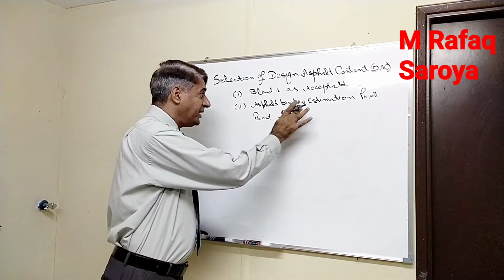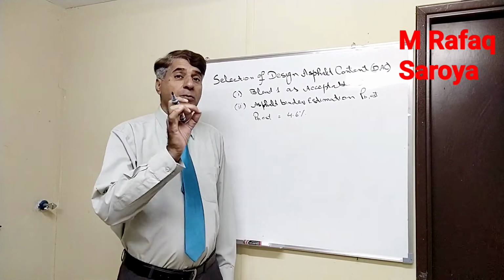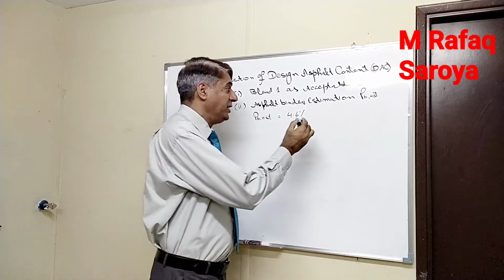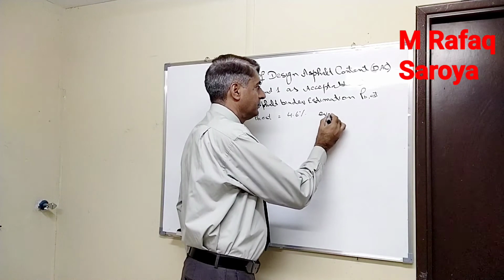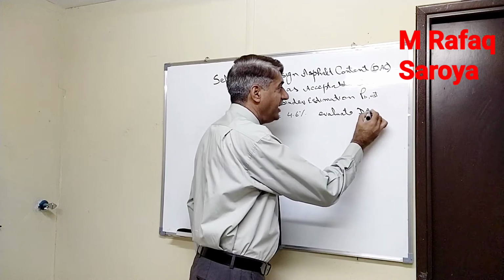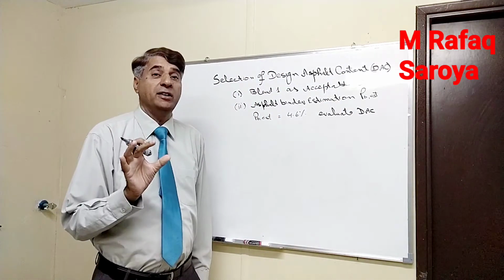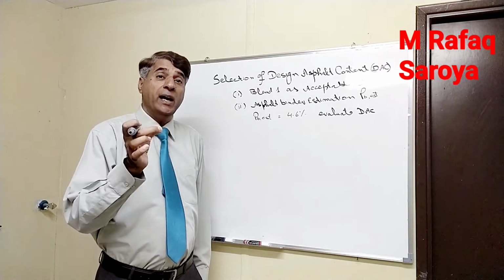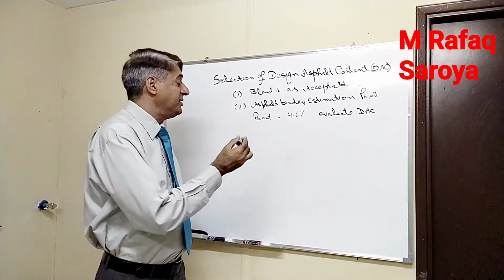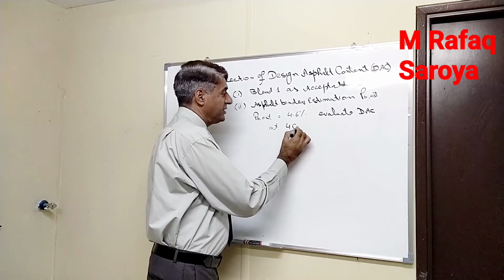Now, with reference to this 4.6%, we will try to evaluate the DAC, design asphalt content. It means we have to reach the asphalt content which we will use for our final selection of the mix design at 4% air voids.